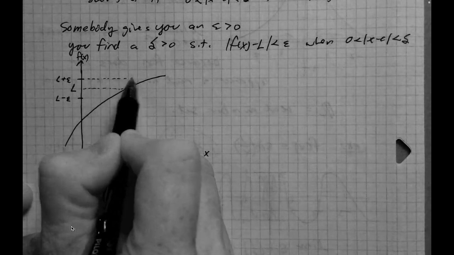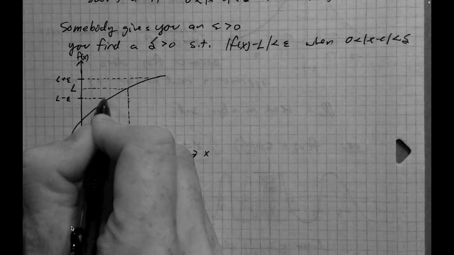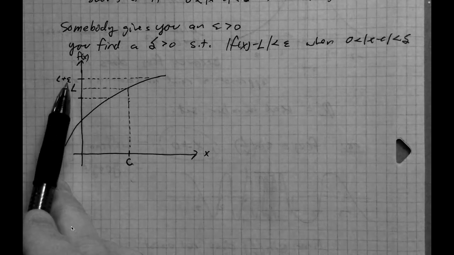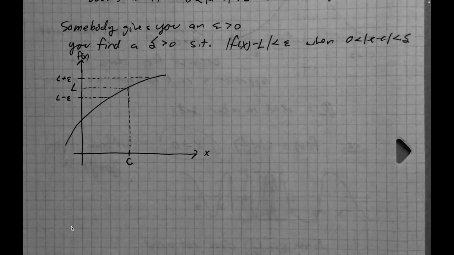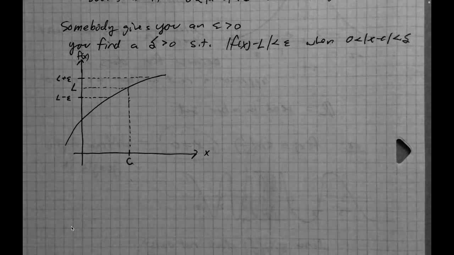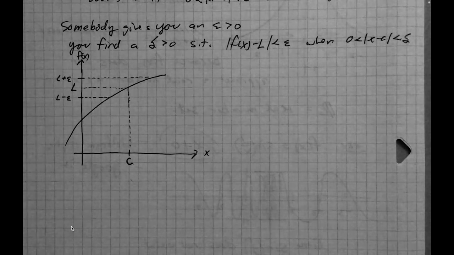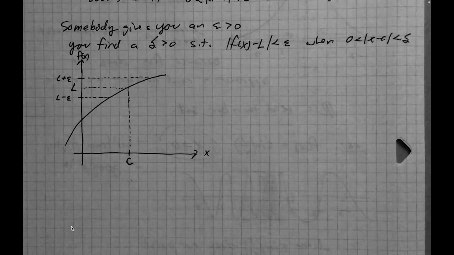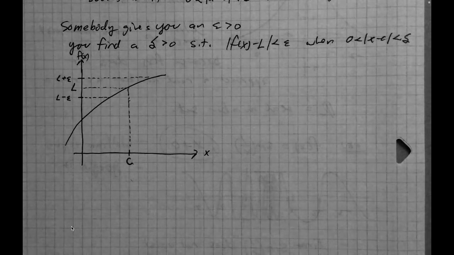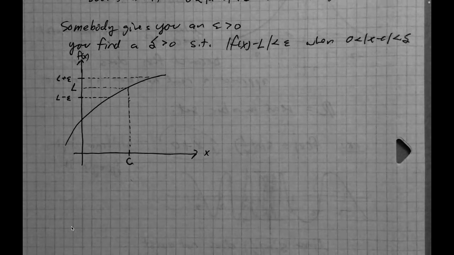Okay, and so you can see what that would do out here. Remember, the idea behind the epsilon is that it's arbitrarily small, like 0.00000002. Very small numbers. You can think of it as basically being infinitely small.